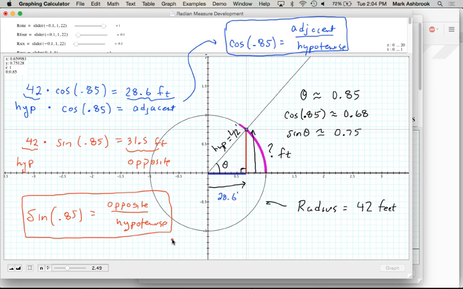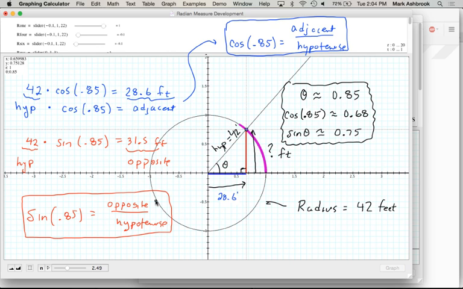As a result of those meanings, we get these equations. So that's the most important thing: measuring arc length, angle measure, measuring x-coordinate, y-coordinate, using the radius. That's the big takeaway here.